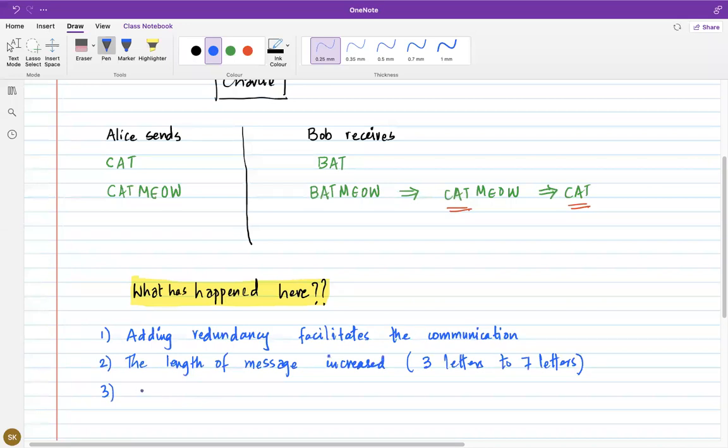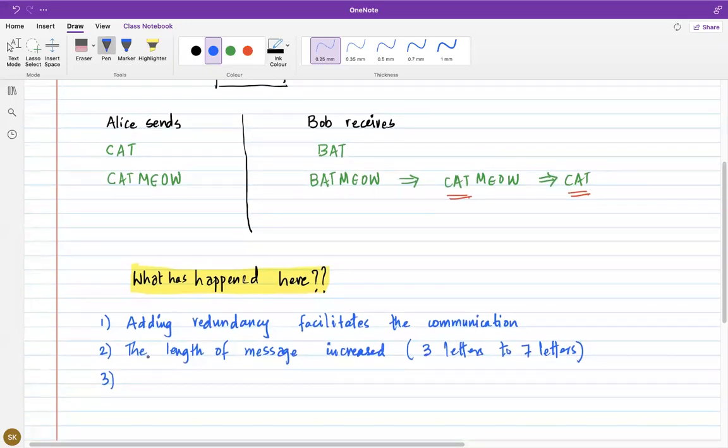Also, the third point is that the new information that you have added to this original message vector, which was cat, is it arbitrary? No, it is not, because this information has to be related to the original piece of information.